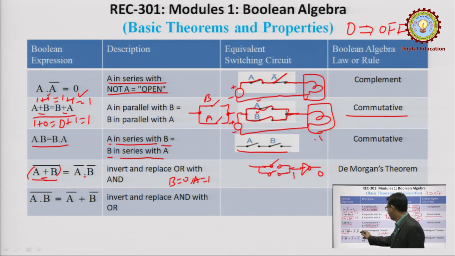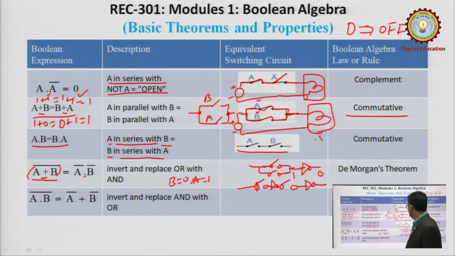Okay. And from here we can see the case where two switches are connected in series, and the output of each switch is going to the NOT gate. We feed 1, this switch is closed now, so the output will be 0. Now the next switch is also closed, the output is 0.